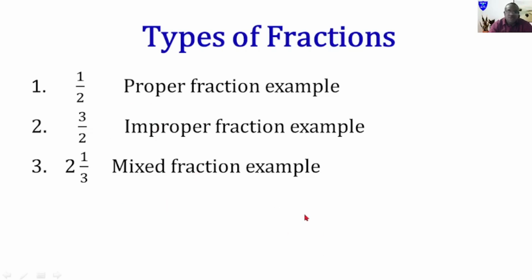Right, on that note guys, we can dive into examples straight away. Let us start by looking at one example guys before I look at the exam type examples. Now I gave you an example of 3/2 as an improper fraction.